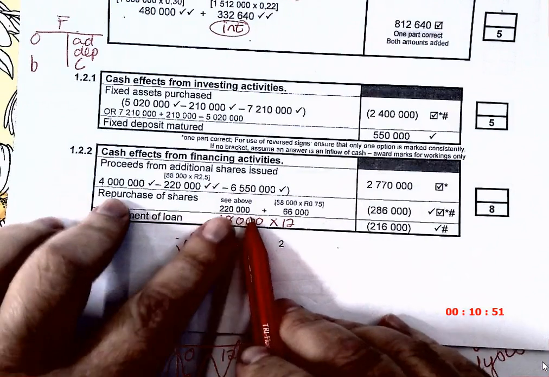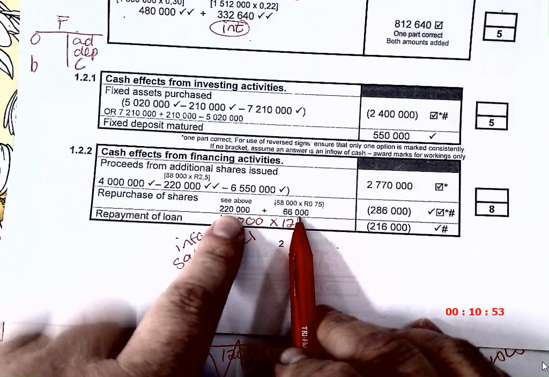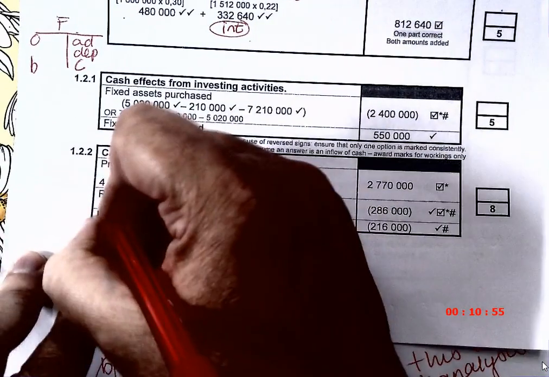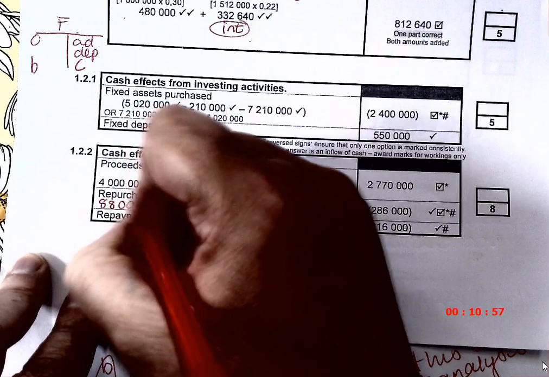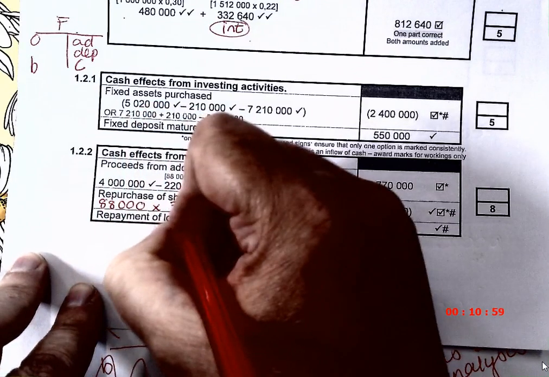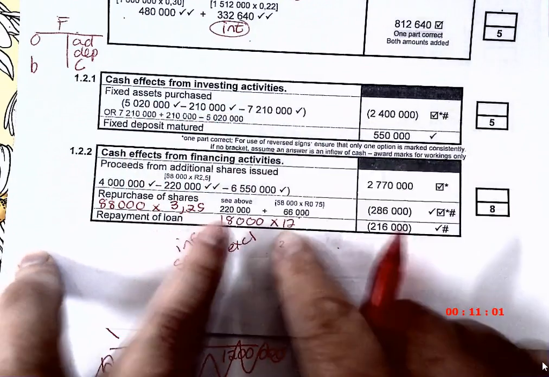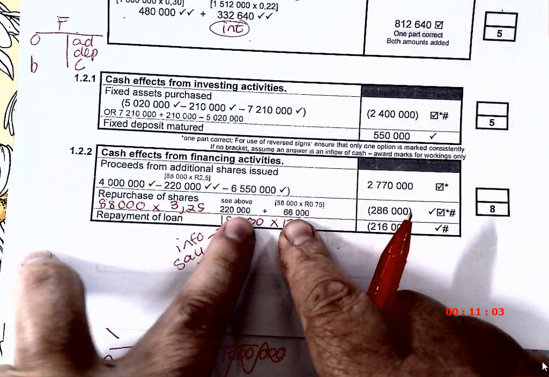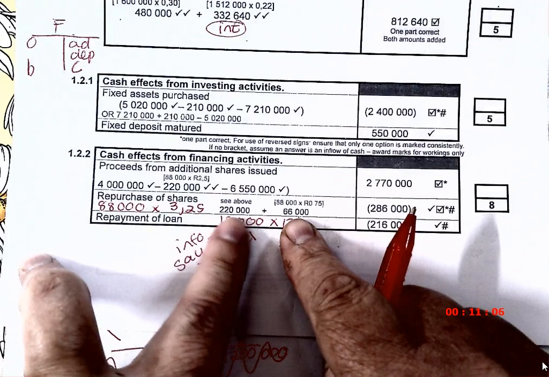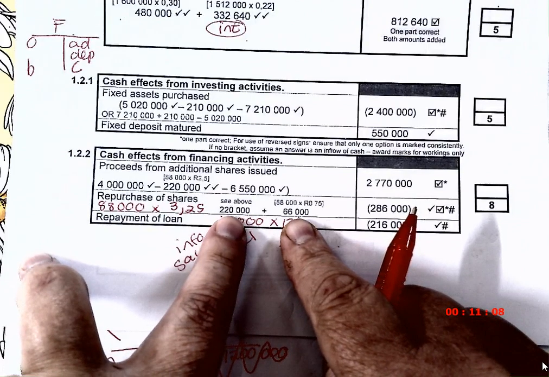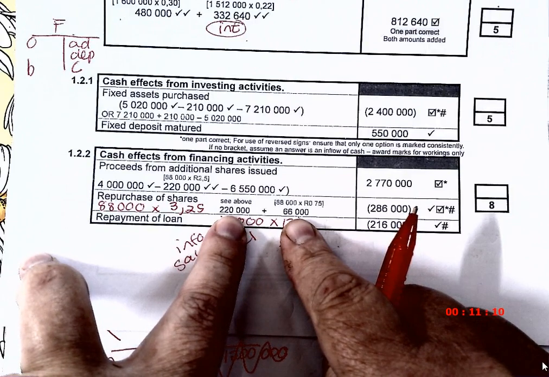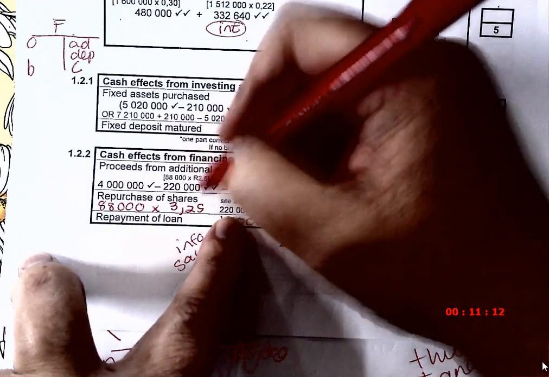You see? So the 88 times 325, repurchase. They did the two together. You could have said 88 times 325, or you could have done this. So what is this above 220? It's that one, you see?